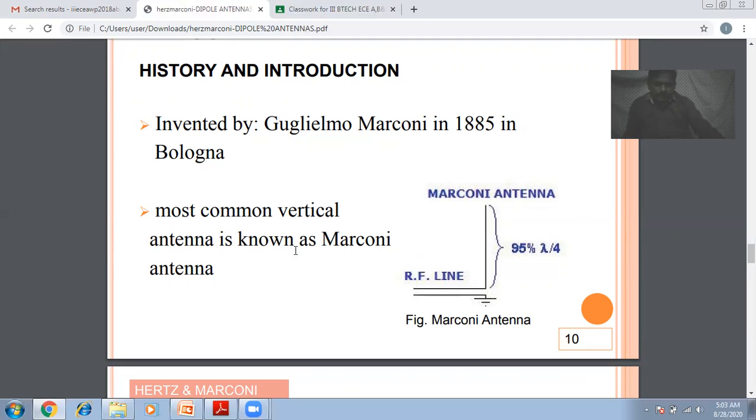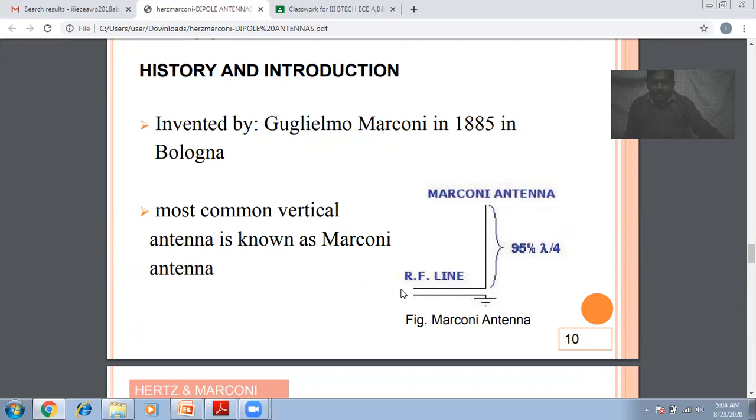Most commercial vertical antennas are known as the Marconi antenna. When compared to the dipole antenna, people prefer this monopole antenna. It is because the dipole antenna requires a balun, an extra device. But for this monopole antenna, that means the Marconi antenna, no balun is required.